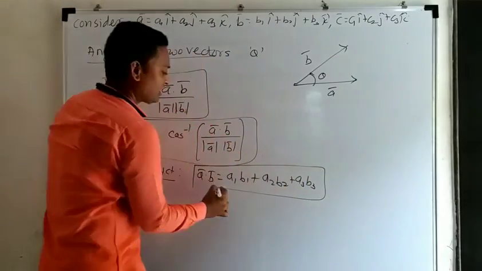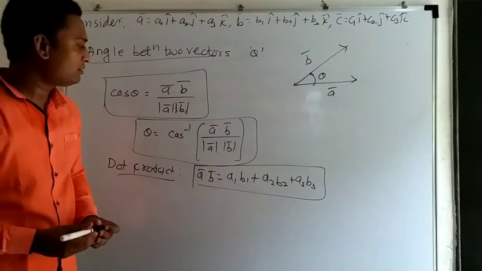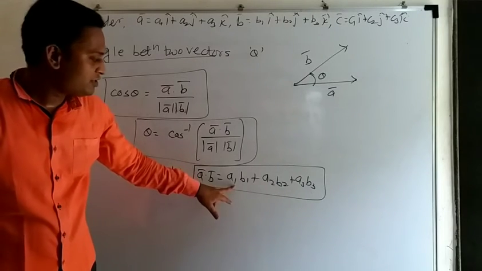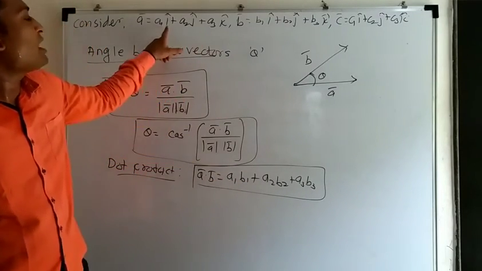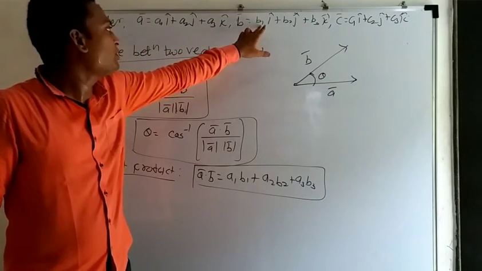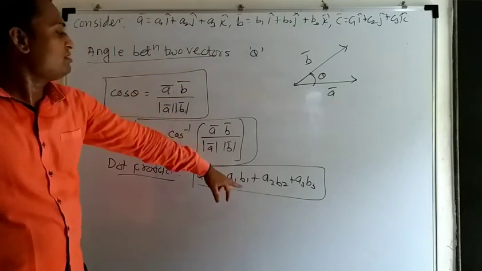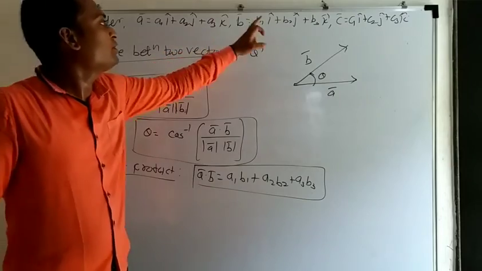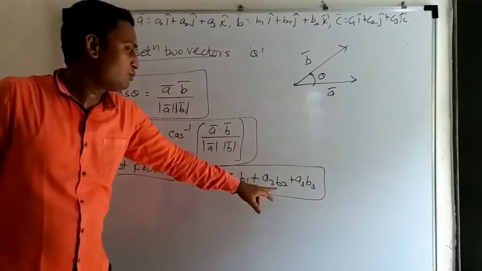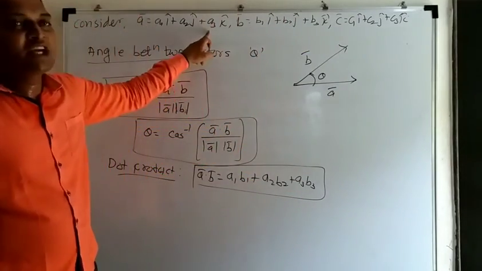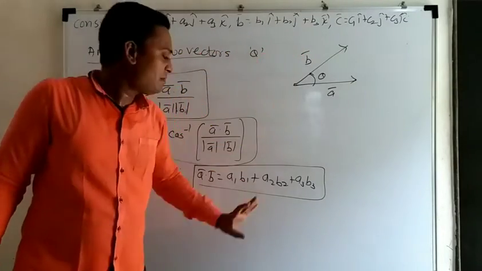So this is the formula to calculate the dot product. A1 B1 is the multiplication of I component of A with I component of B, plus multiplication of J component of A with J component of B, A2 B2, plus multiplication of K component of A with K component of B.